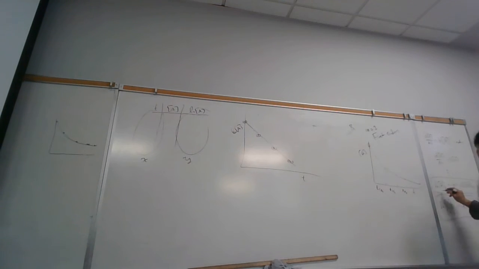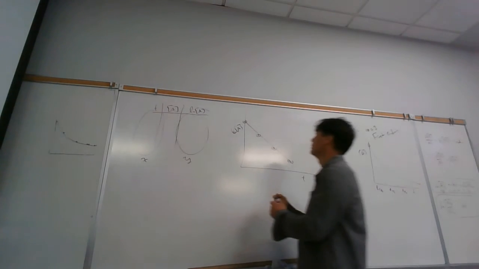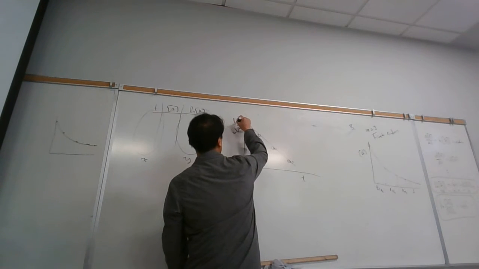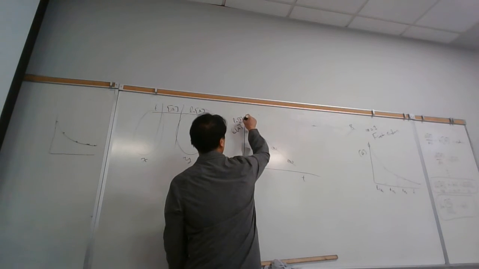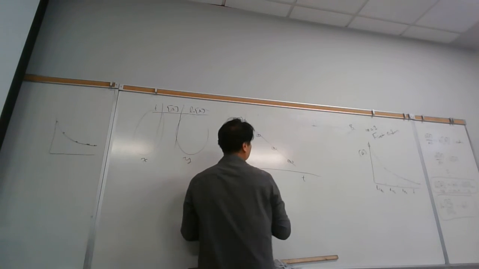And so this is our Y, X is t, and our intercept is b. Our intercept here is going to be ln of A at time 0.